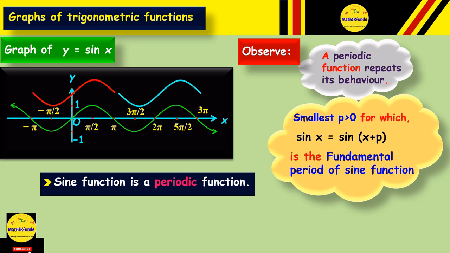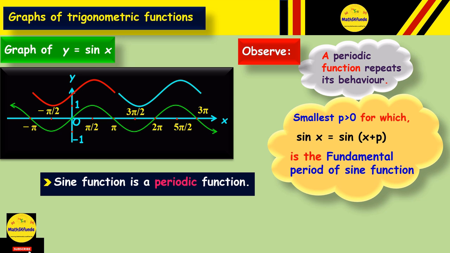Also, if it repeats its behavior, then after how much length does it repeat? That repeating behavior is mathematically written as sin x equal to sin of x plus p. If the interval length is p, and it repeats its behavior, like in our graph after an interval length of 2 pi, then in place of p, I can say 2 pi.